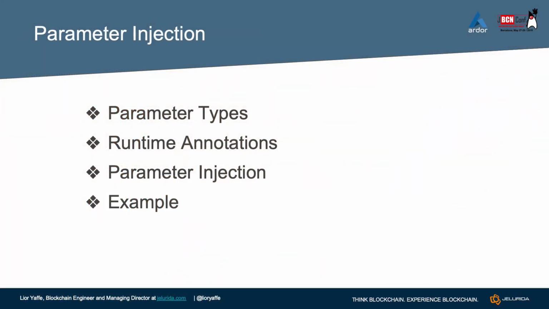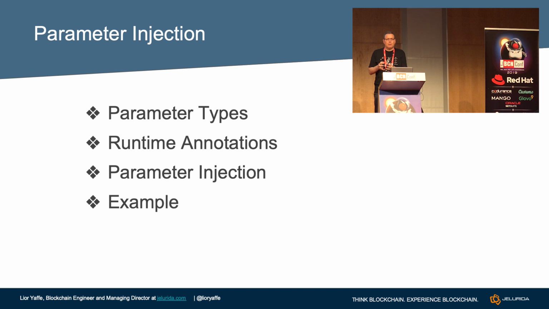Another way we use Java is for passing parameters to contracts. Contracts have three types of parameters. One we call setup parameters. When you deploy a contract to the blockchain, think about our Twitter handle contract. Perhaps another company now wants to use it to incentivize people to use its own Twitter handles and not the Jelurida Twitter handles.